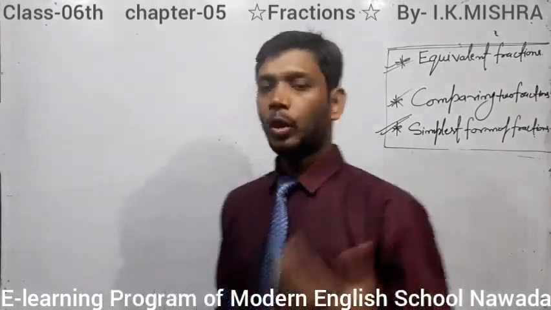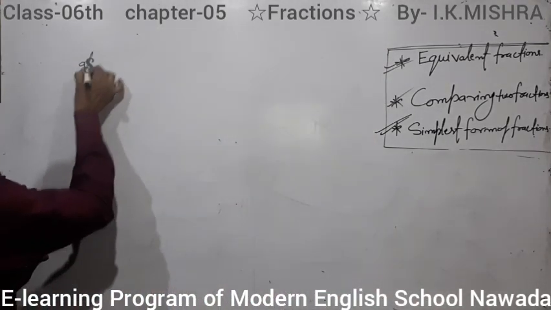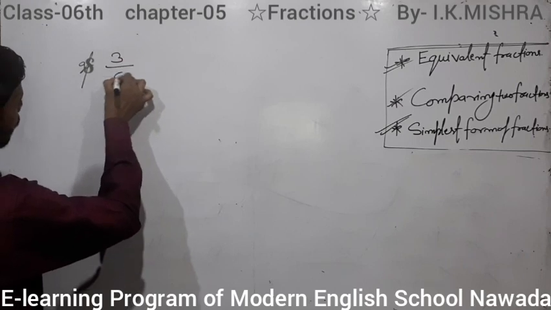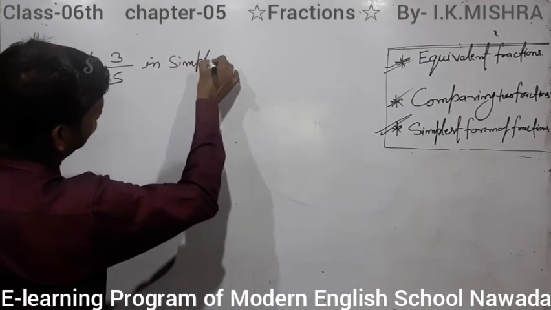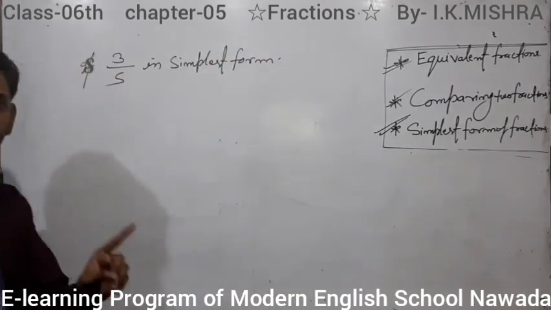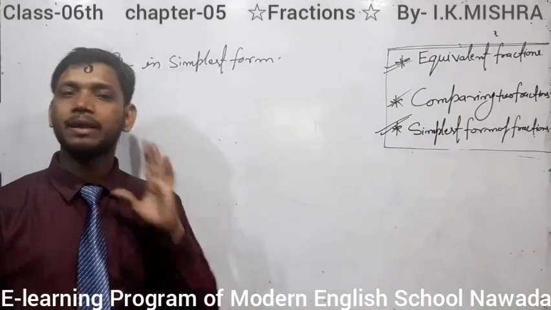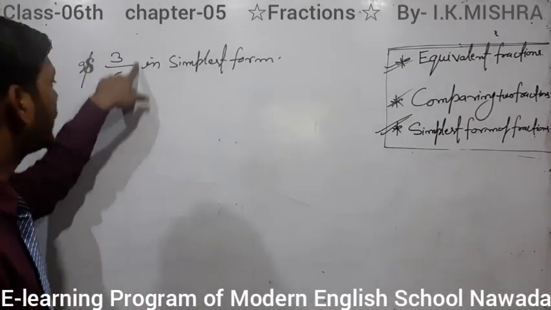Suppose you have to check whether 3 upon 5 is in simplest form. Students, when you have to check whether a fraction is in simplest form, first of all find its HCF.